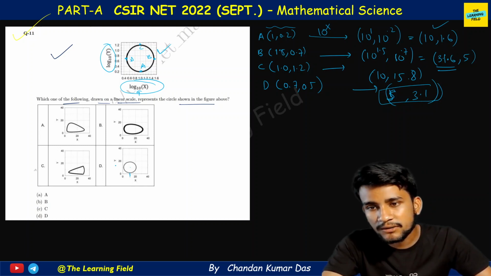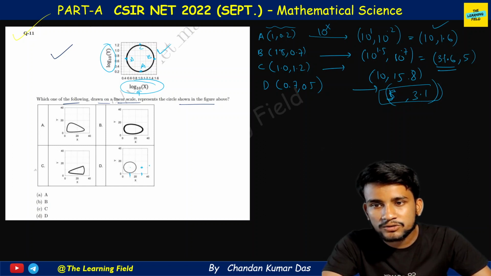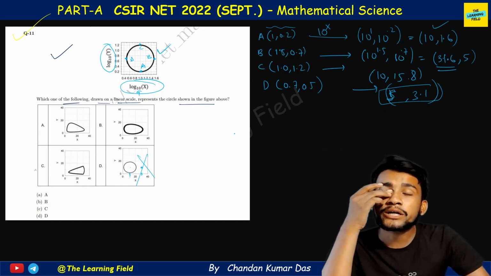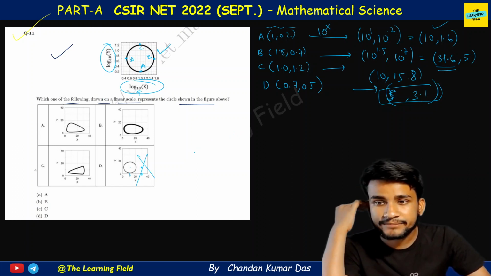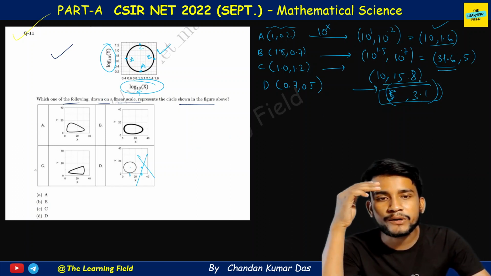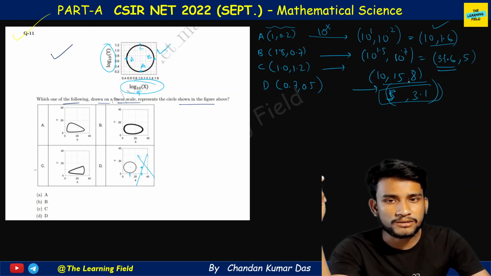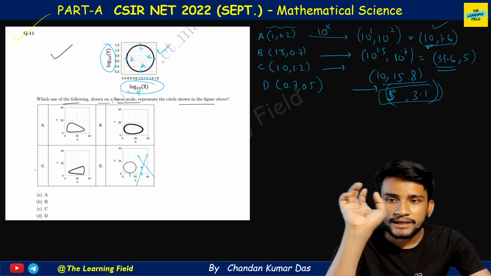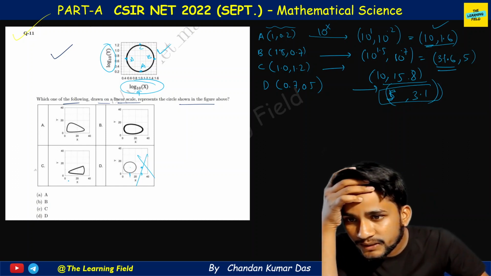But if we see the figure for D, then 31.6 means suppose here, and there is no point on the boundary, so this is discarded. Now you can see 10, 1.6 and 10, 15.8, these 2 points on the boundary simultaneously. That is, 10 is fixed on the x-axis.